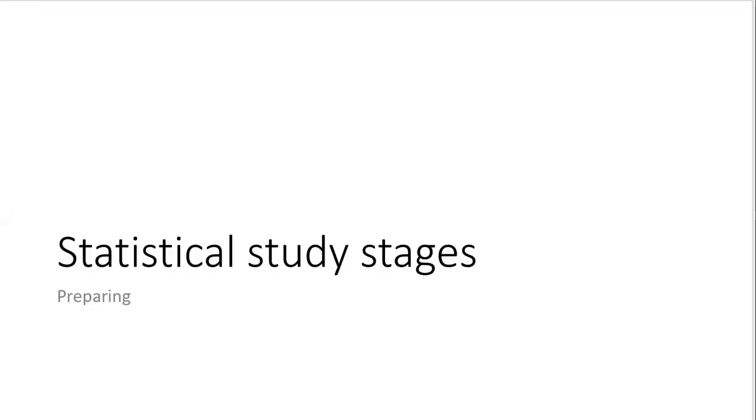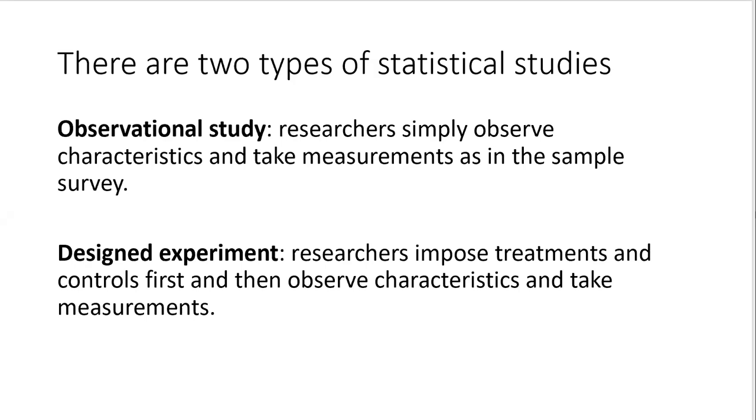So right now, in this video, we're going to discuss the preparation stage in more detail. Based on the methods of statistical studies, we can identify 2 types of studies.